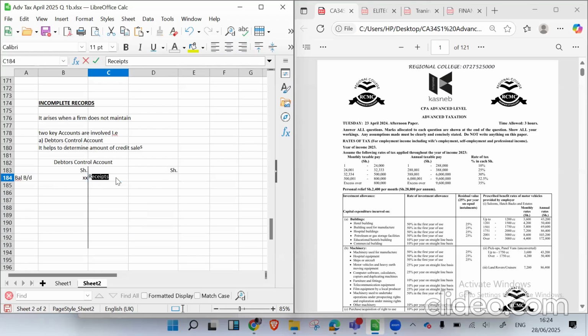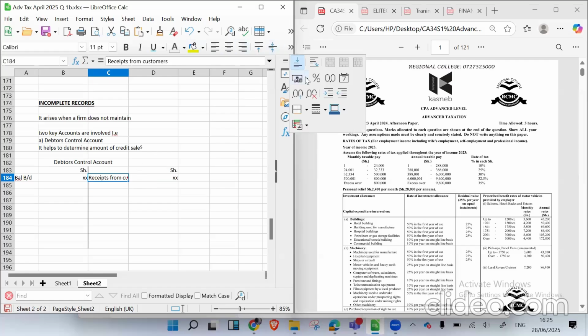So receipts from customers, how much money did customers pay us? So you have them there.